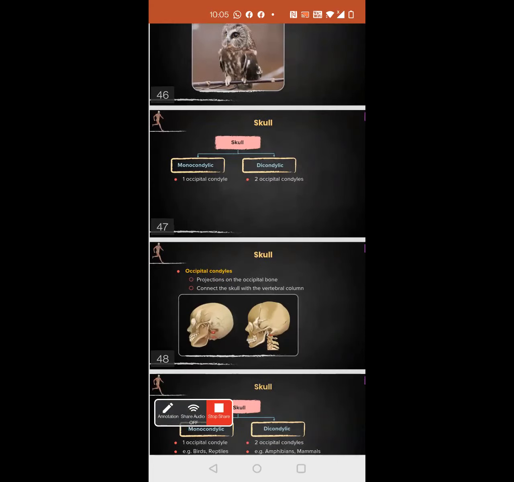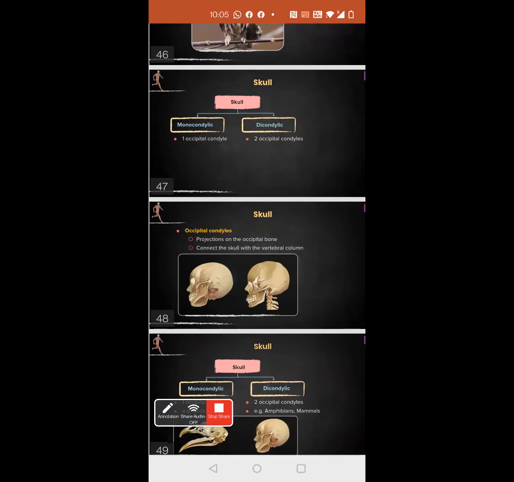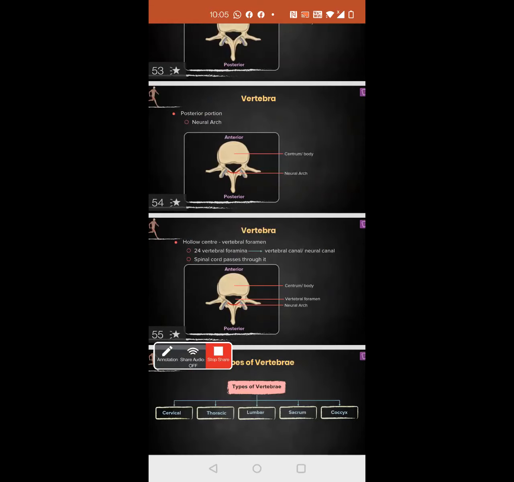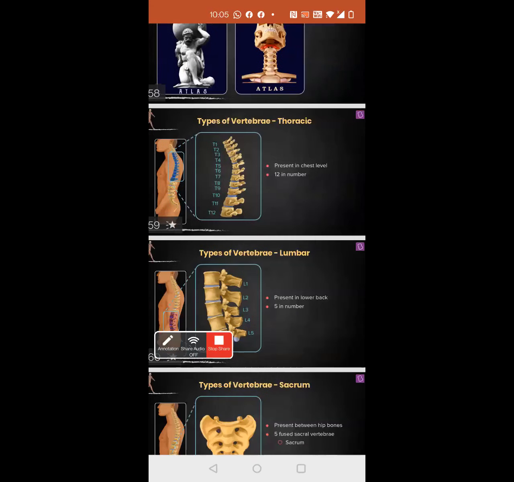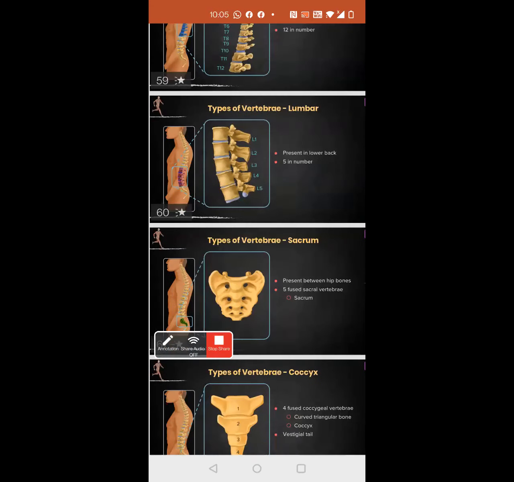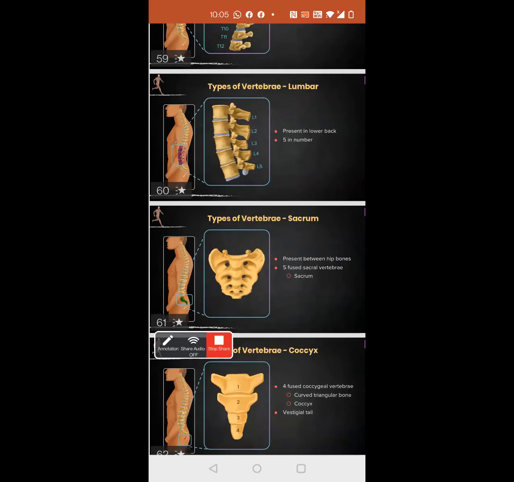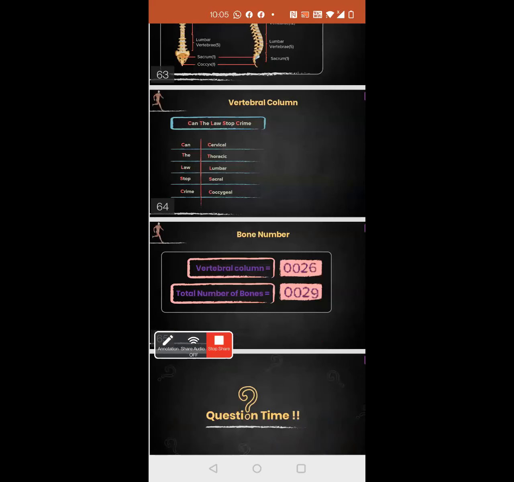How did 29 come there? The total number of bones will be 34 because they're fused together. The number in the vertebral column should be 26. 26 is correct, but the total number of bones will be more, I think.